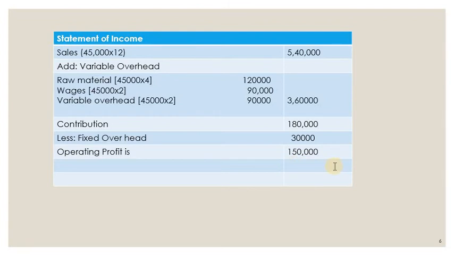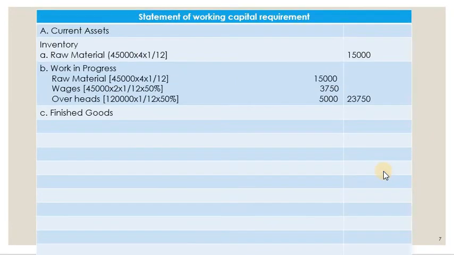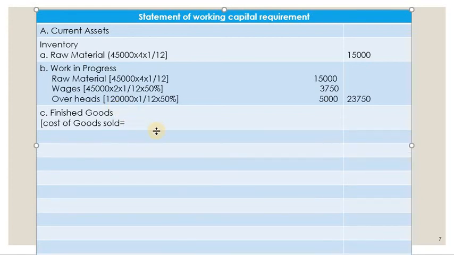So when you minus 5,40,000 with 1,50,000, you will get 3,90,000. So cost of goods sold is equal to 5,40,000, the total sales, minus profit.